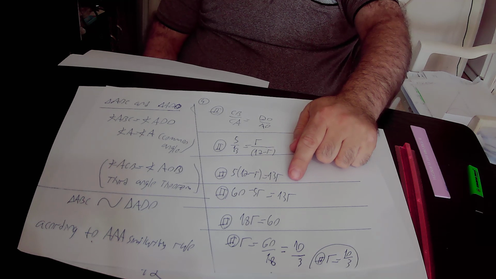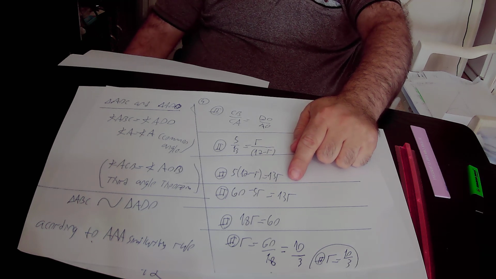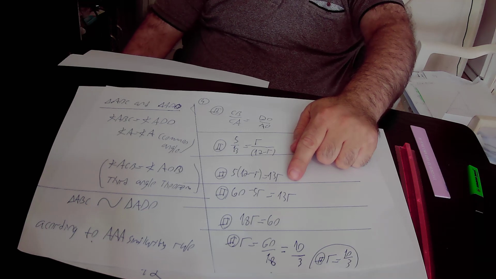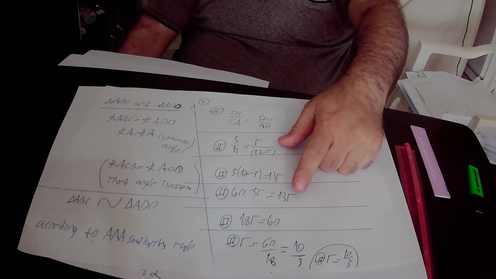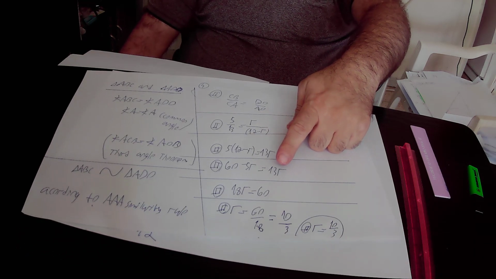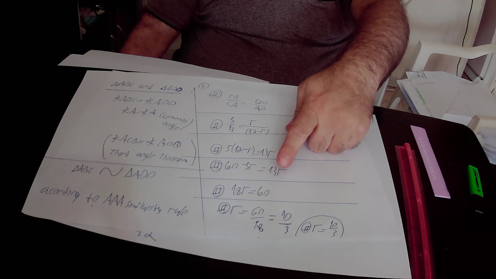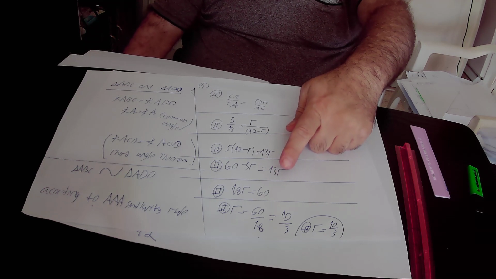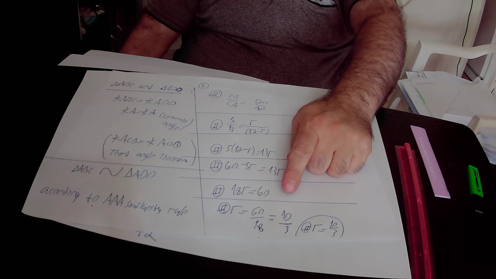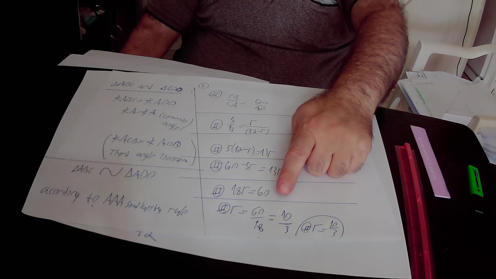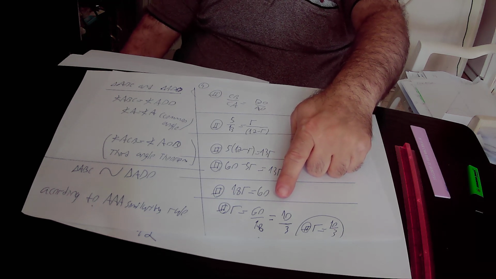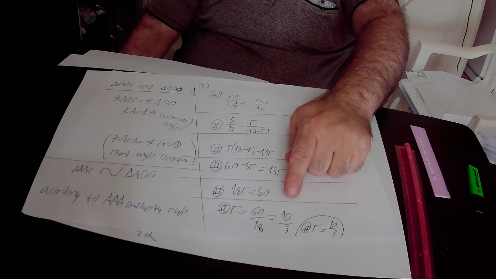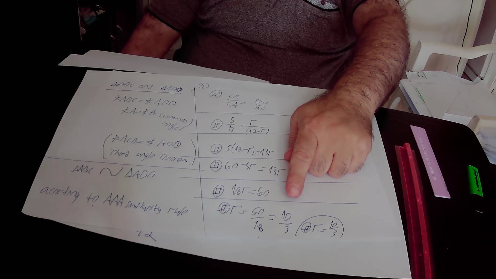Here we added 5R to equation number 2, and we got that 13R plus 5R is 18R, so 18R equals 60. We divided equation number 2 by 18, and we got that the radius of the semicircle equals 60 over 18. We divided both the numerator and the denominator by 6, and we got that 60 over 6 is 10, and 18 over 6 is 3.